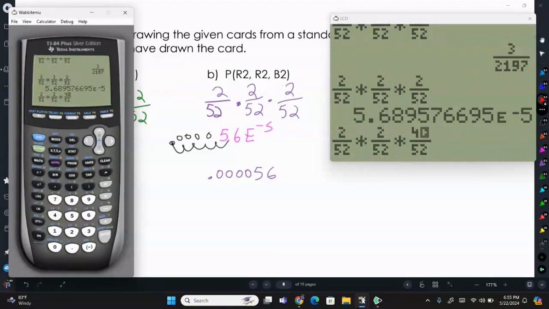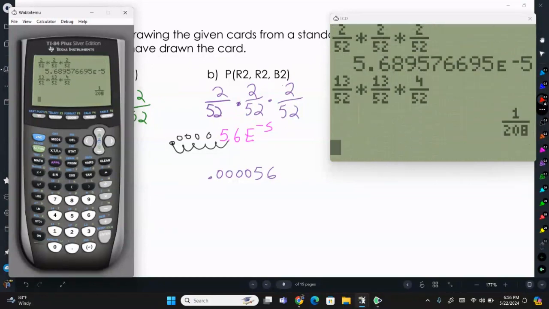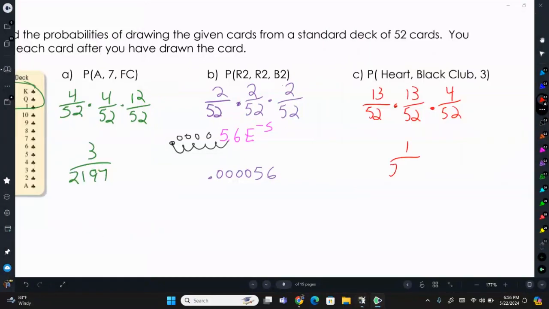It was 4 out of 52, and then 13 out of 52, and this one was also 13 out of 52. Hit enter, and we get 1 out of 208. So that's the chances of having that sequence, a heart, a black club, and then pulling a 3.